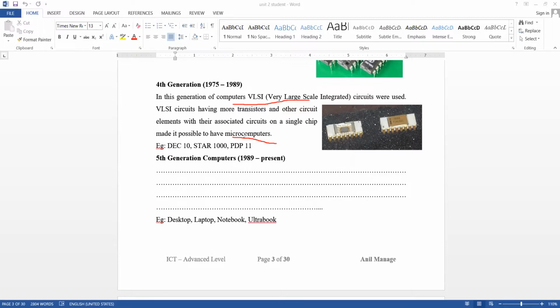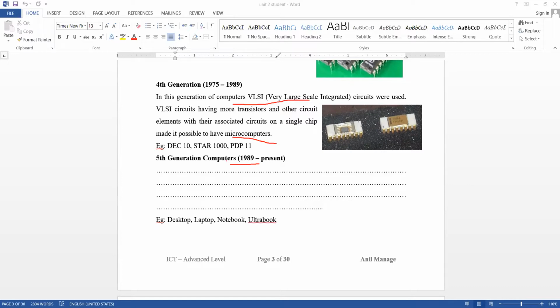Then we'll go to the fifth generation. Now we are in the fifth generation. We have artificial intelligence and all that. Under that, write down ULSI, within brackets put ultra large scale integration.